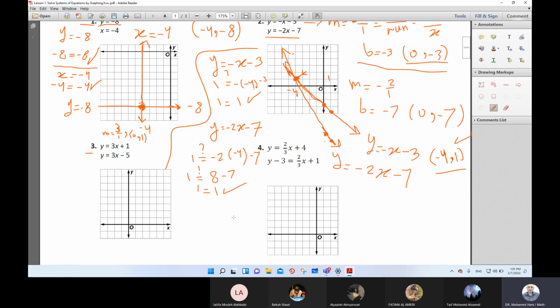So represent (0, 1), 0 in x, 1 in y. Then rise over run. Rise means 3 units up, 1, 2, 3. Then 1 right. The second point will be here. Then you can connect them.